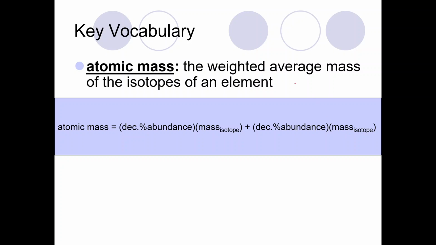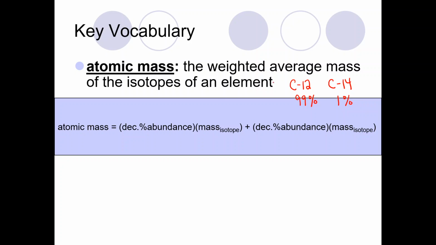So, for example, I was talking about carbon-12 versus carbon-14. Percent abundance is how much of that isotope exists in nature. Carbon-12 makes up about 99% of all carbon in the universe, and carbon-14 only makes up about 1%.